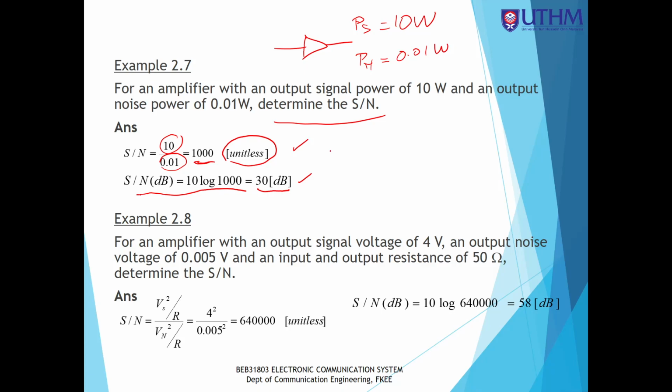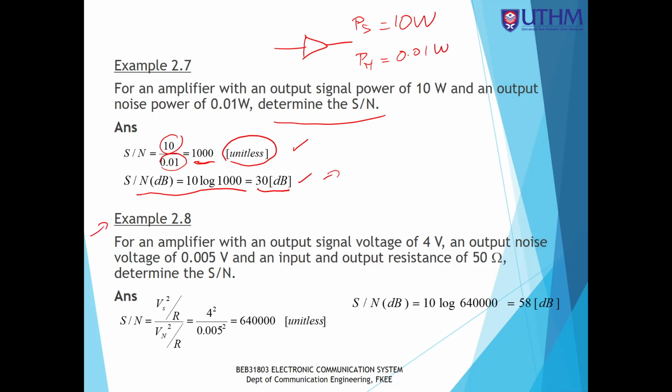But a good practice is to find the SNR in terms of decibel, because in the real world, in the practical scenario, we normally mention the SNR in terms of dB. Biasanya SNR ini disebut dalam sebutan decibel.